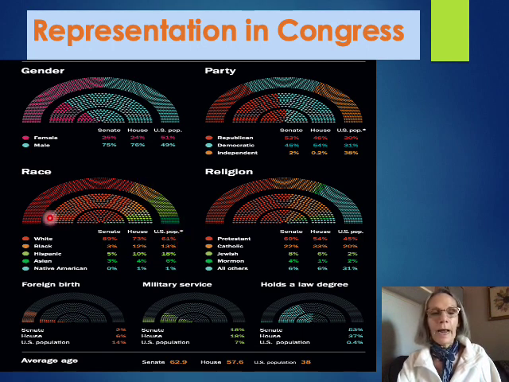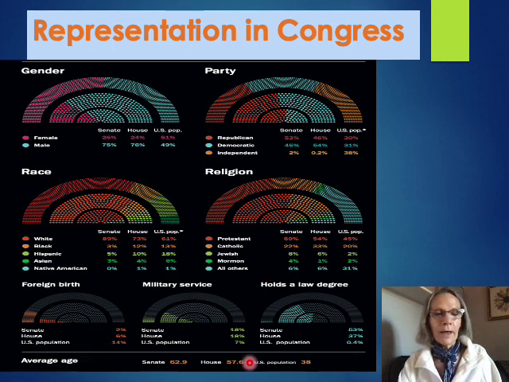And so we see that when we compare the demographics of the House and the Senate, it is not representative racially. 89% of the Senate is white, and 73% of the House is white. And then this is religion, which is somewhat proportional.